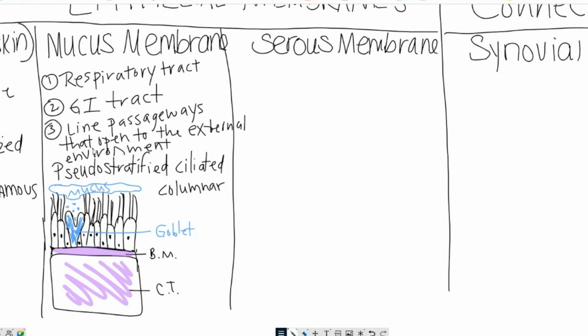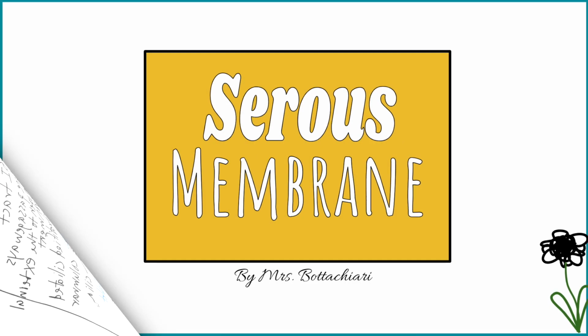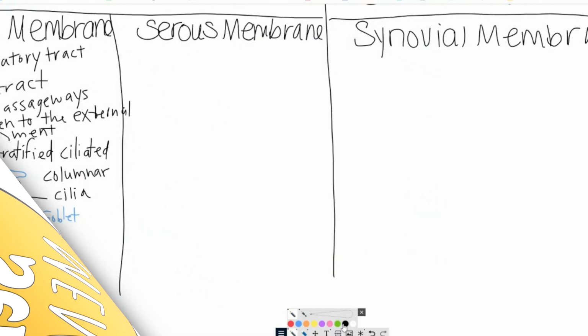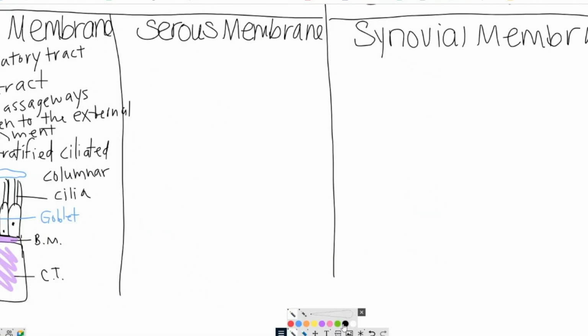And that's why we require mucus, so that we catch and trap debris. That's why we need cilia, so we can catch and trap and sweep away the debris. And finally, that layer of mucus allows for lubrication to moisten areas.